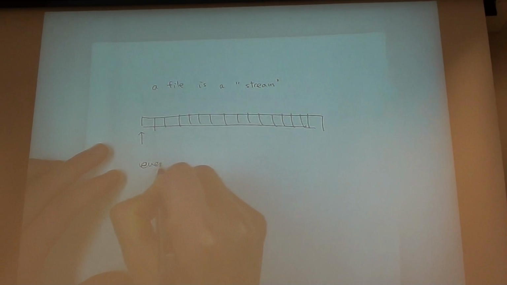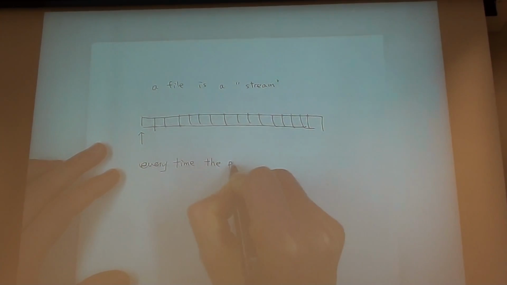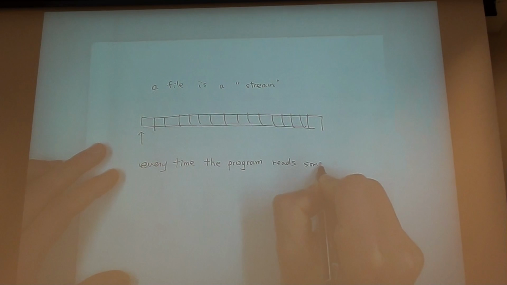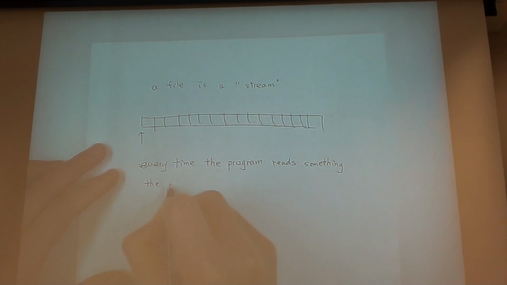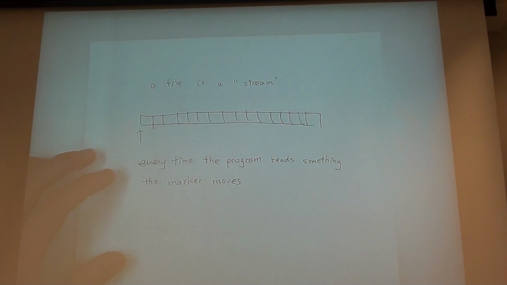Every time the program reads something, the marker moves. So imagine this is basically a stream, like a river.